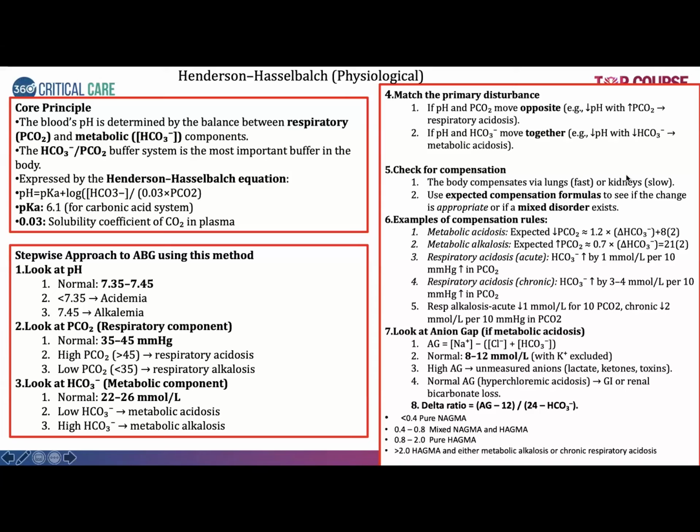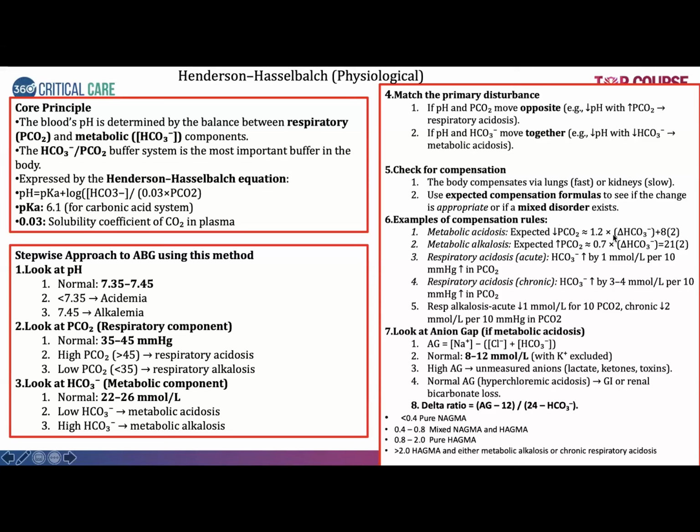For example, the primary disorder, if it's kidney, whether the PCO2 is going to be compensating for the bicarbonate or not, or if the primary pathology is in the lungs, whether the kidneys are going to be compensating. So use the compensatory formulas and the rules to know whether there is associated mixed disorder.